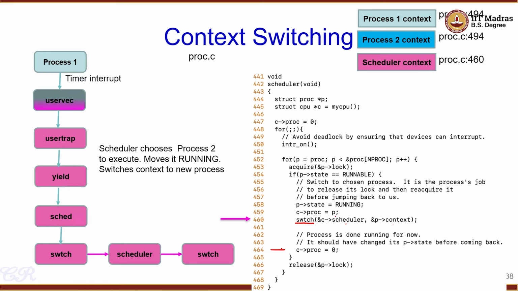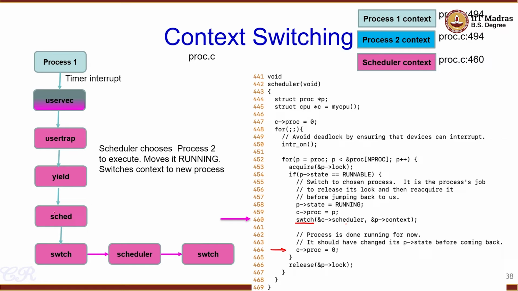So the stored scheduler context corresponds to the state of the scheduler at this particular point. At this point, we have the return address which is set to 464. The stack pointer corresponds to the state when this function was executing at this particular line, and so on. So anytime we restore the scheduler context, it goes back and continues to execute from line 464.